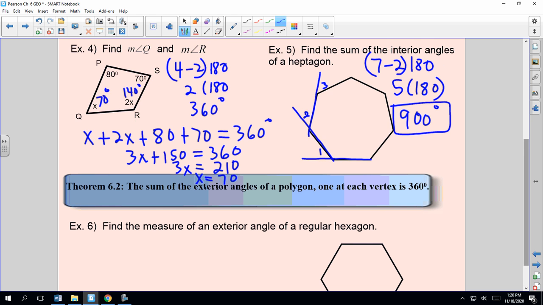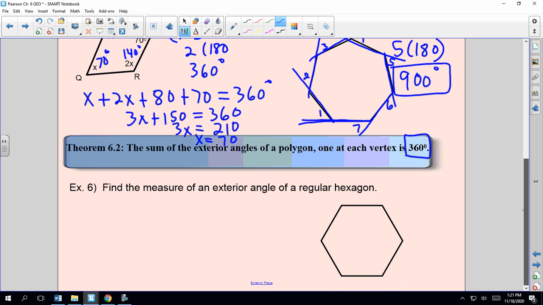And as you go all the way around, even on this crazy heptagon up here, you'll notice that if you picture yourself walking along those line segments, turning through angle 1, and then angle 2, and then angle 3, and then angle 4, 5, 6, and 7, you end up back facing where you were before you turned through angle 1. And so you've made one full revolution, which is 360 degrees. And as a matter of fact, I could do that for any size polygon.